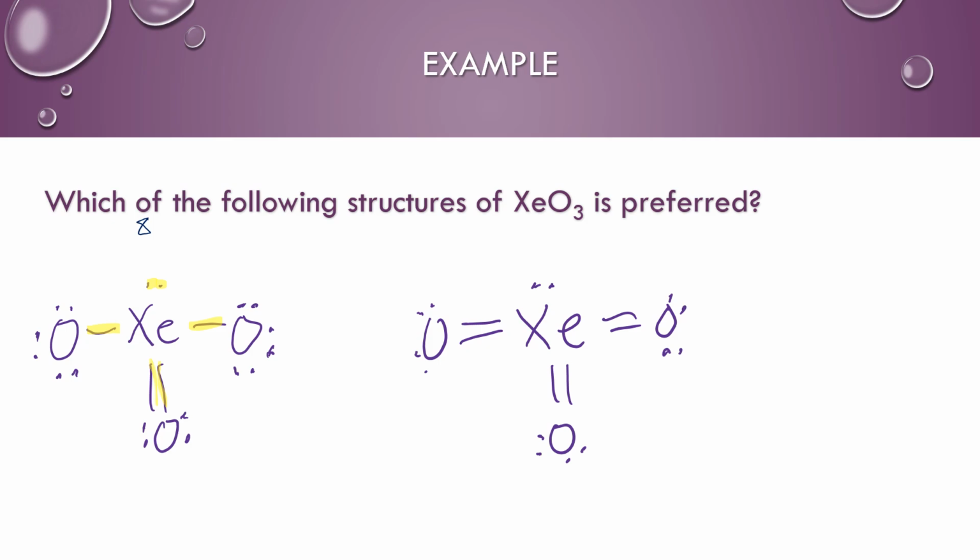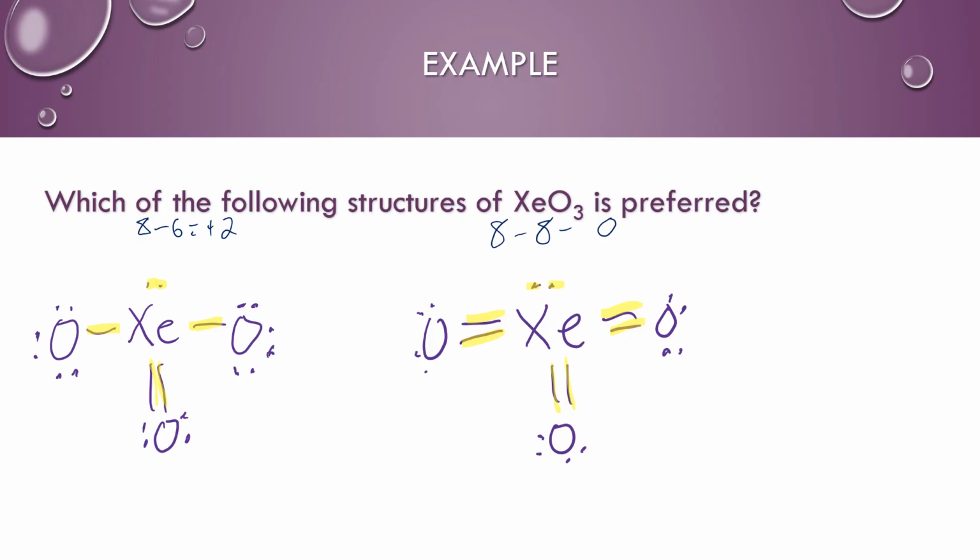So 8 minus 6 gives us a formal charge of +2 on that xenon. For the other xenon, it still has 8 normally, but right now it has 1, 2, 3, 4, 5, 6, 7, 8 assigned to it. So 8 minus 8, that's 0.